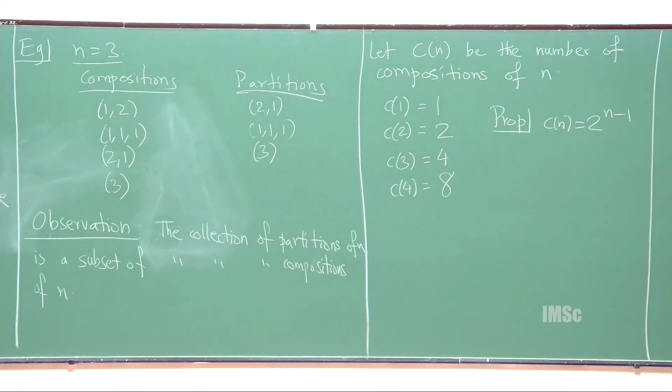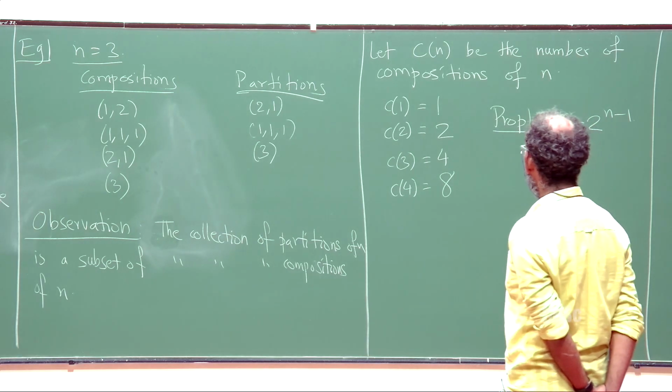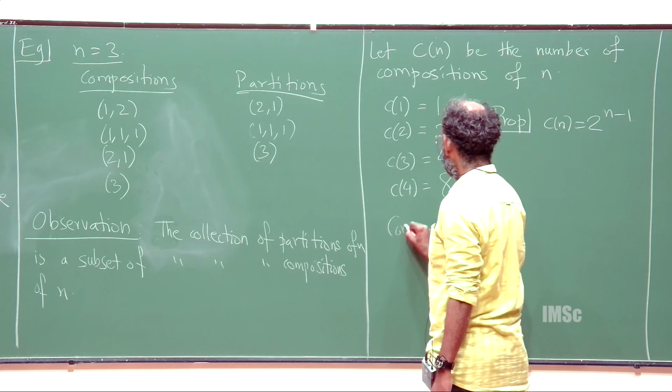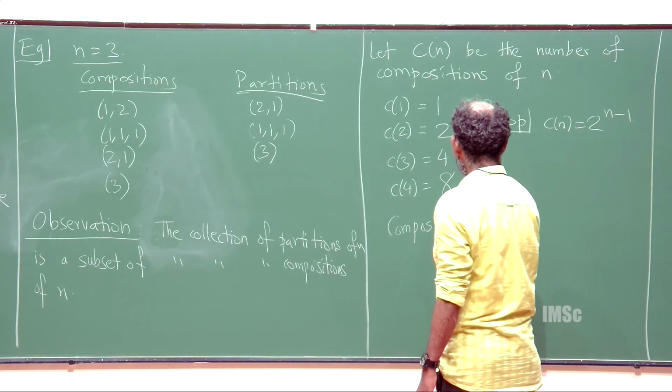Okay. So we have done enough examples. Can you think of a proof? It may help to write down compositions of 2 and 1 just to compare. We know what they are, but it may help to see how you might come up with a proof.